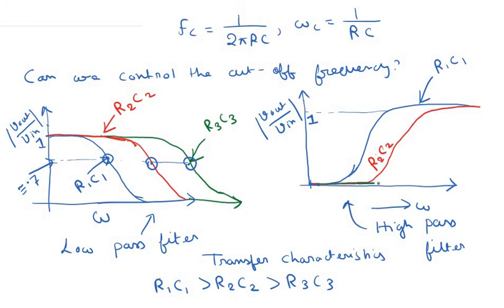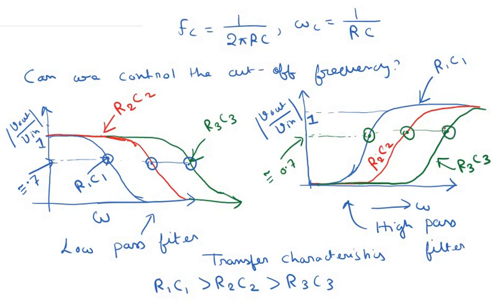If we further decrease our RC product, this curve is again going to shift towards the right. So let us say that this is for R3C3, and again the cutoff frequency is at the point where mod of V out by V in is approximately 0.7. So the cutoff frequency of these three curves is somewhere at these points over here.